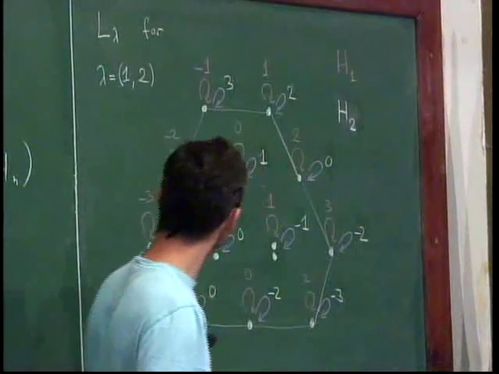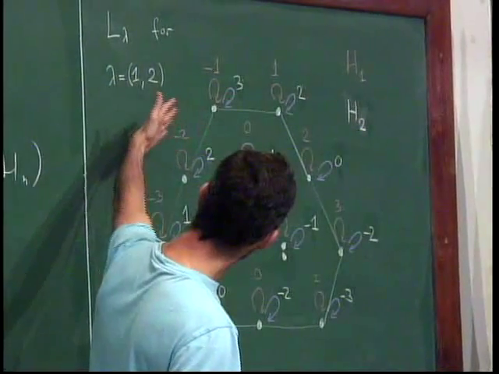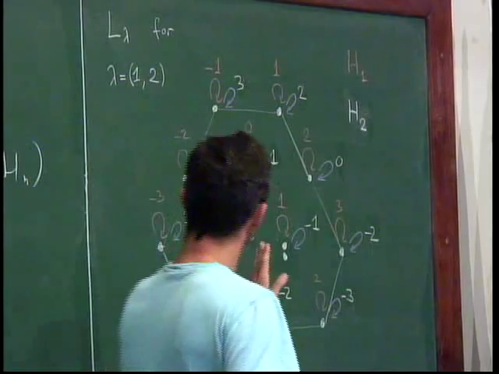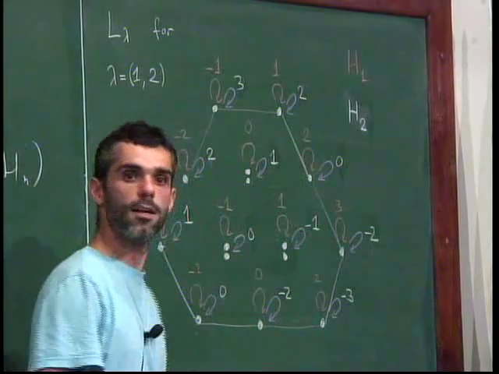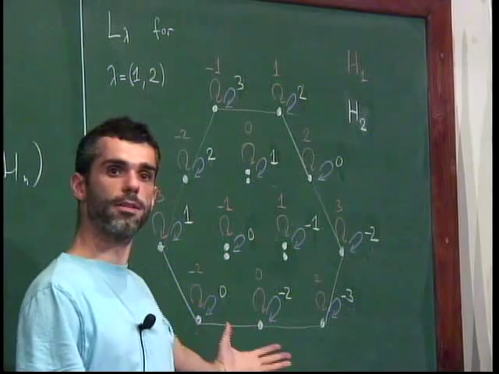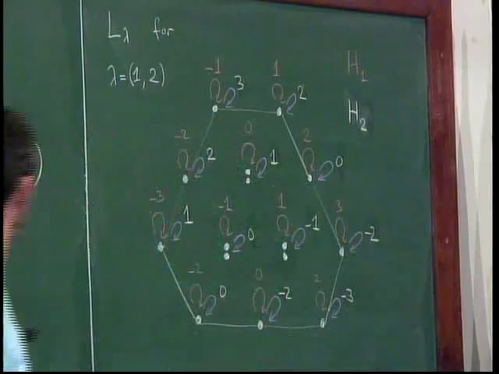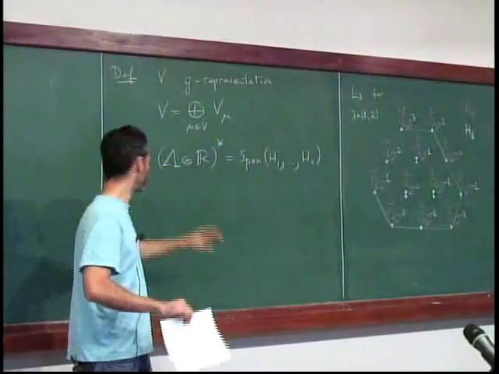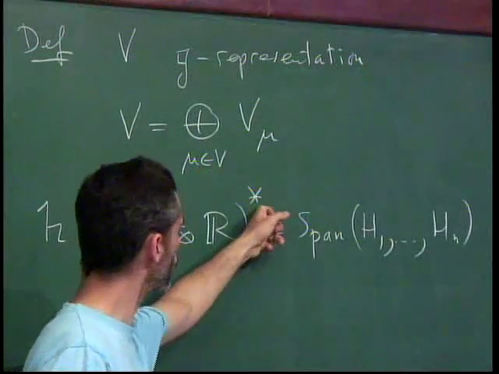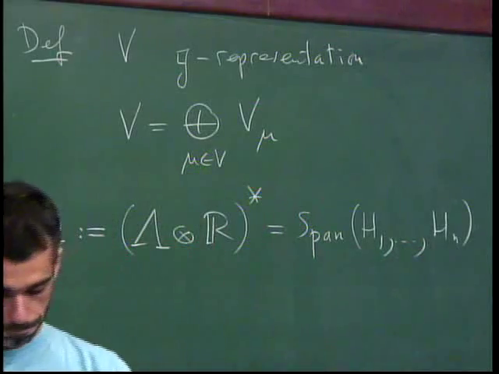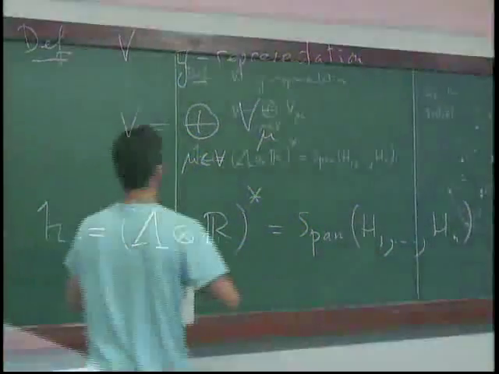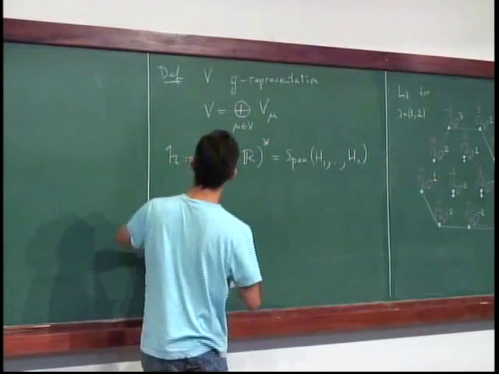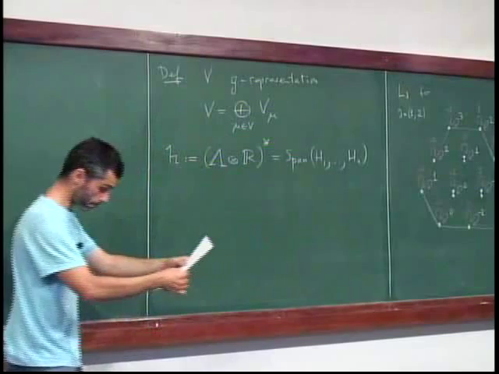For example, h1 is this linear functional where I've given some values of this functional, here it's like positive there and negative there. So it's an element in the dual of the space in which I draw. The space in which I draw is lambda, or maybe the vector space that's around lambda, so lambda tensor R, and that's the dual. Okay, that's an aside. Okay, the definition starts here and continues there.